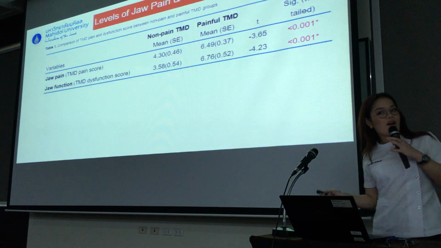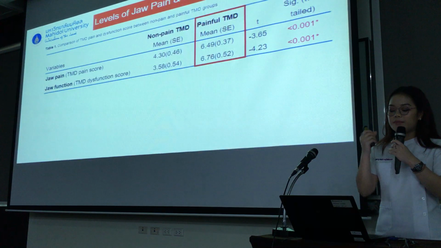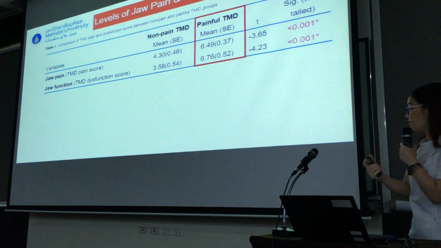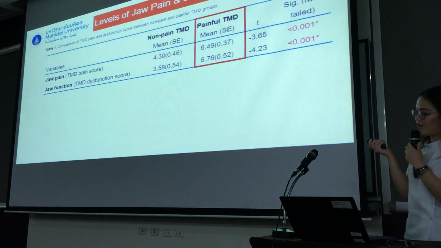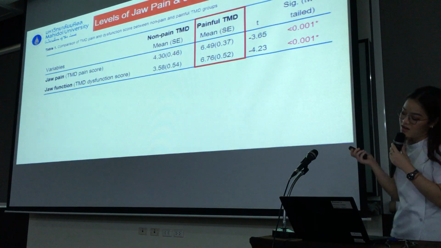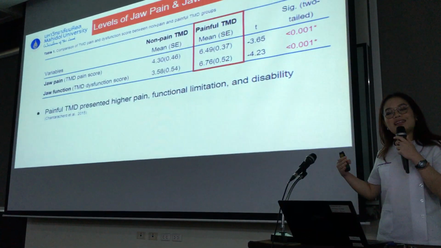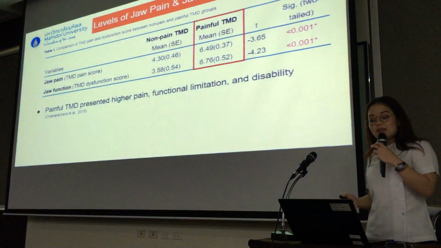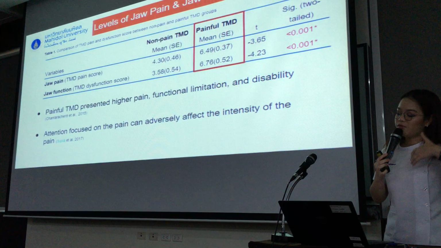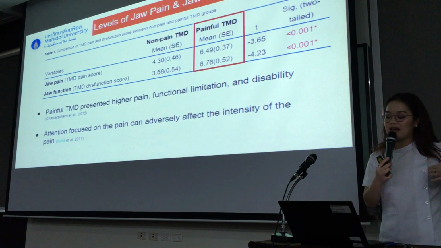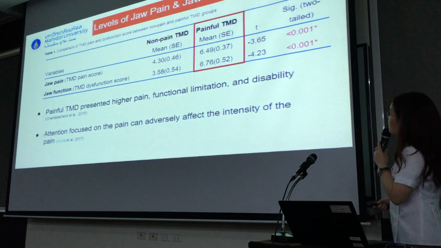And it's no surprise that there is a difference in the jaw pain and jaw dysfunction scores, and it is statistically significant, especially in the painful TMD, which has higher scores. It is because painful TMD patients present higher pain, functional limitation, and disability, and more attention being focused on the pain can adversely affect the intensity of the pain.